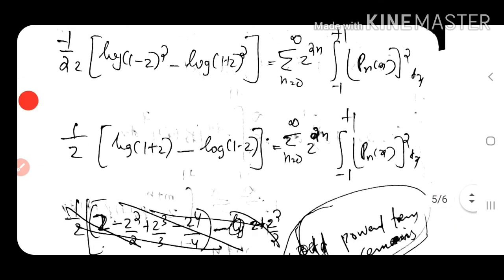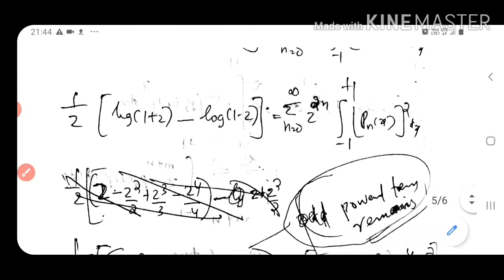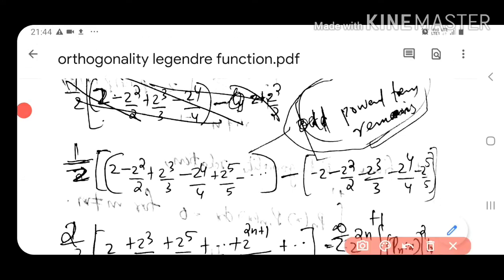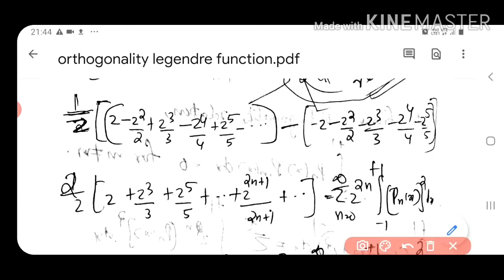Now we expand log 1 plus z and log 1 minus z. We know the expansion of log 1 plus z: it is z minus z square by 2 plus z cube by 3. Log 1 minus z is minus z minus z square by 2 minus z cube by 3, like this. So the even terms will cancel.